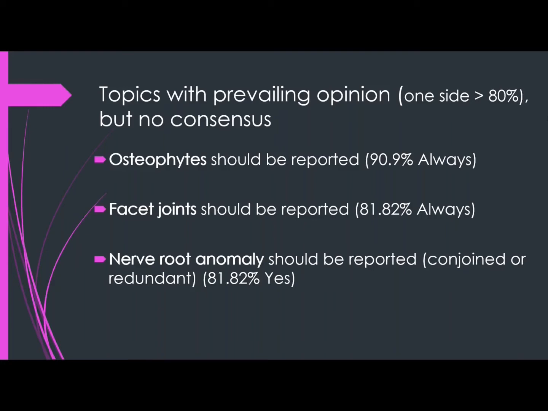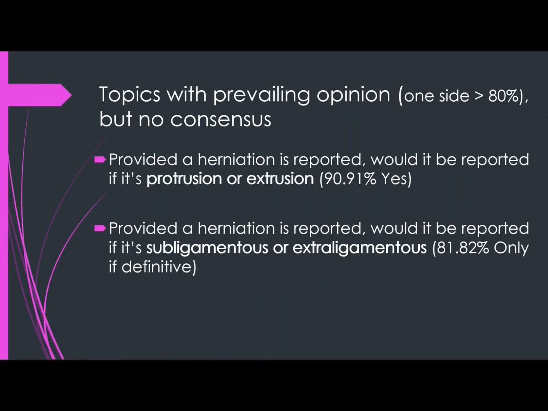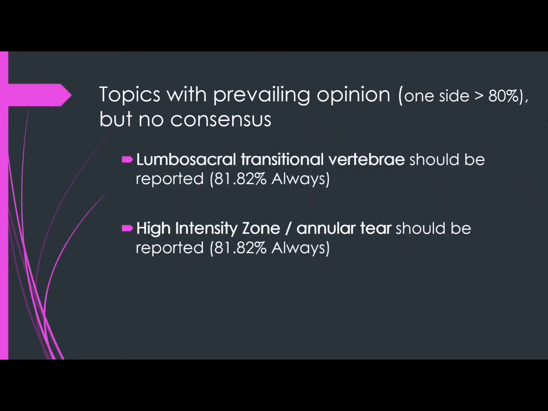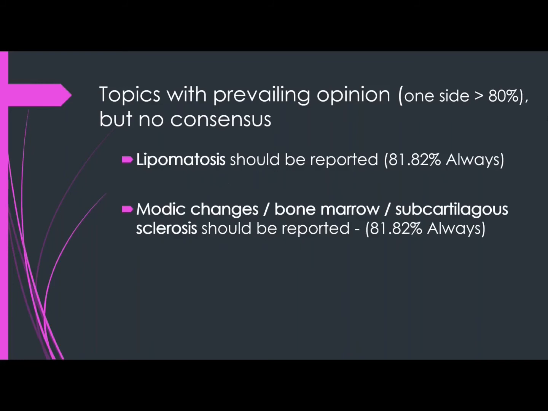These include the reporting of osteophytes, facet joint changes, nerve root anomalies when they are not symptomatic, herniations in protrusion, extrusion, subligamentous or extraligamentous types of herniations, also lumbosacral transitional vertebrae and high-intensity zones and annular tears. Additionally, lipomatosis and finally Modic changes are mostly favored to be reported by the greater percentage of respondents.